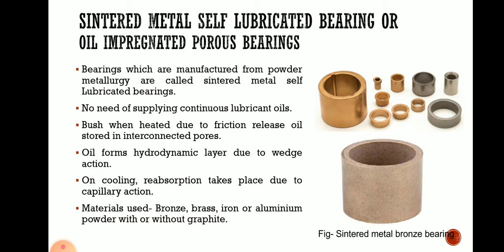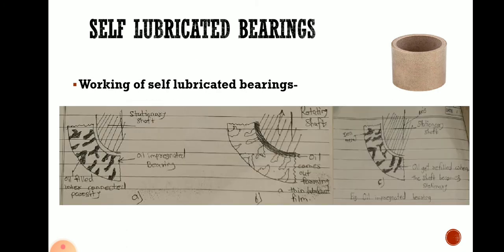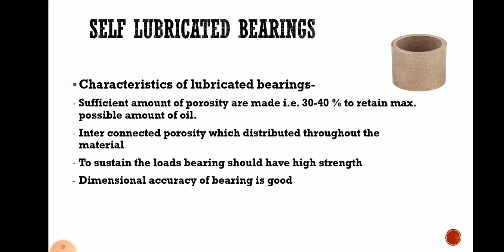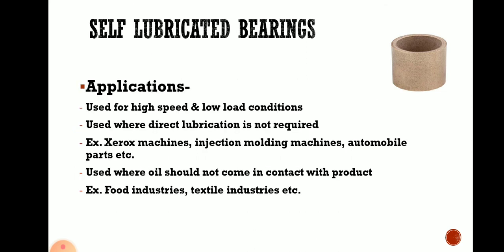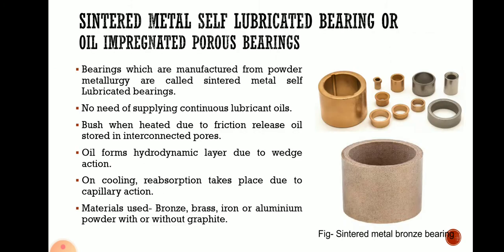So up till now we have seen the working of self lubricated bearing, then what characteristics must be there for the self lubricated bearing, and the applications of self lubricated bearing.